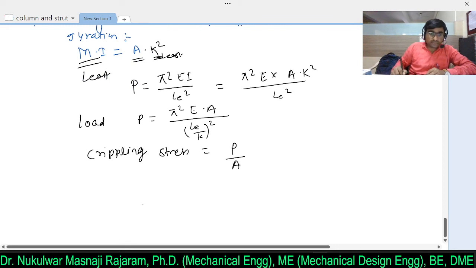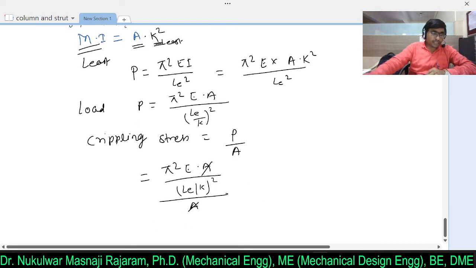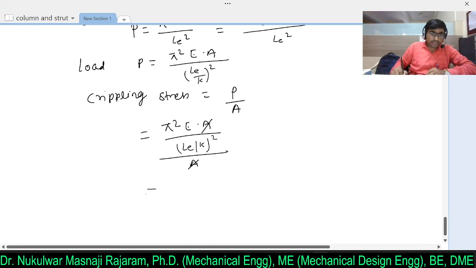So if I consider the force value, pi square EA by (Le by k) whole square, divided by area. Simple. Now this area and this area will get cancelled, and then I can write crippling stress, that will be equal to pi square E divided by (Le by k) whole square.